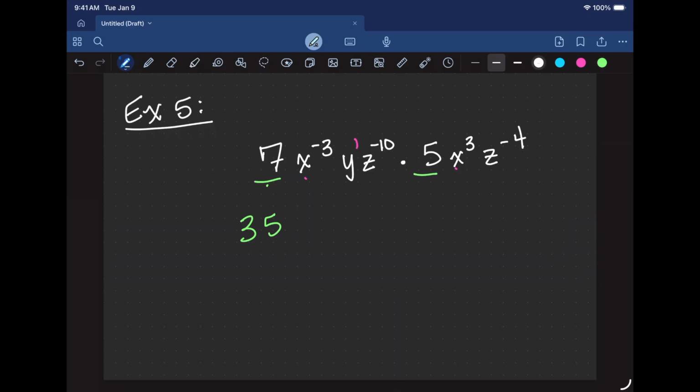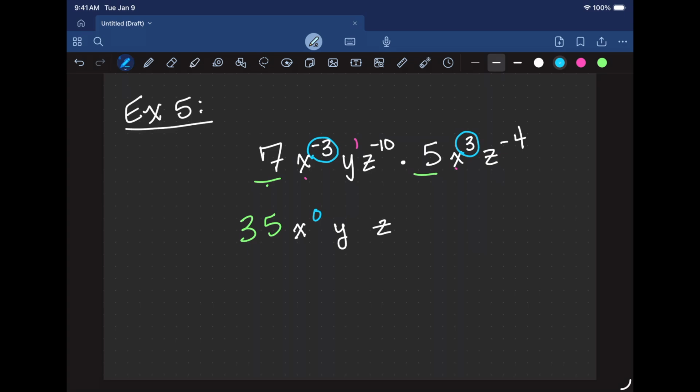Looking at our bases, again, we have 3 of them. So I'm going to write all 3 of them. And now we're going to look at those exponents. So for my X base, we have a -3 and a +3. If I add those, I get 0. If you're not sure about that, check your calculator. But I'm going to move ahead to Y's.